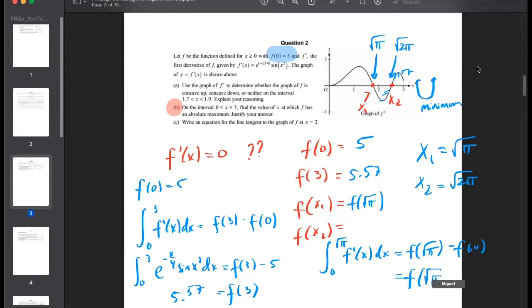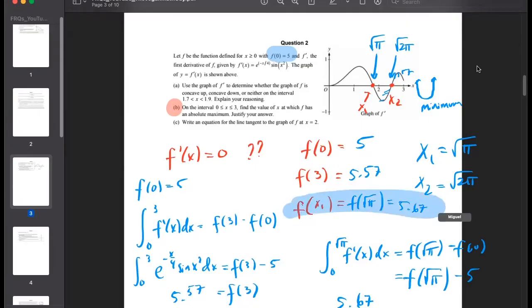On the right side, I get f of root pi minus 5, and I'm going to add the 5 to the other side once I integrate. And this is going to be 5.67. Let me go ahead and put that on my list there. And if I compare all three values, it looks like the maximum value is going to be at root pi.